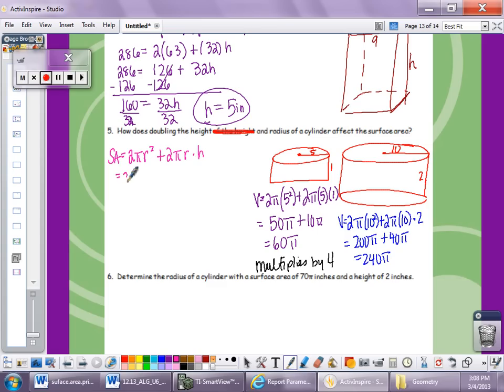So what I'm going to do is I'm going to double the radius. So I multiply the radius by 2, and I'm also doubling the height.